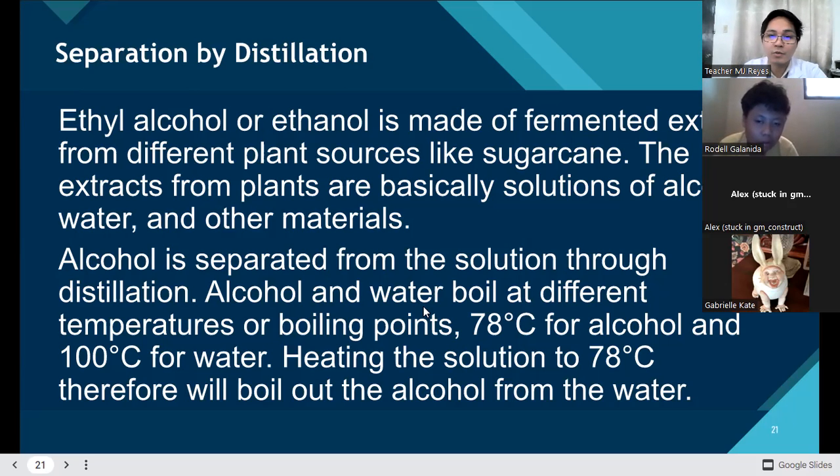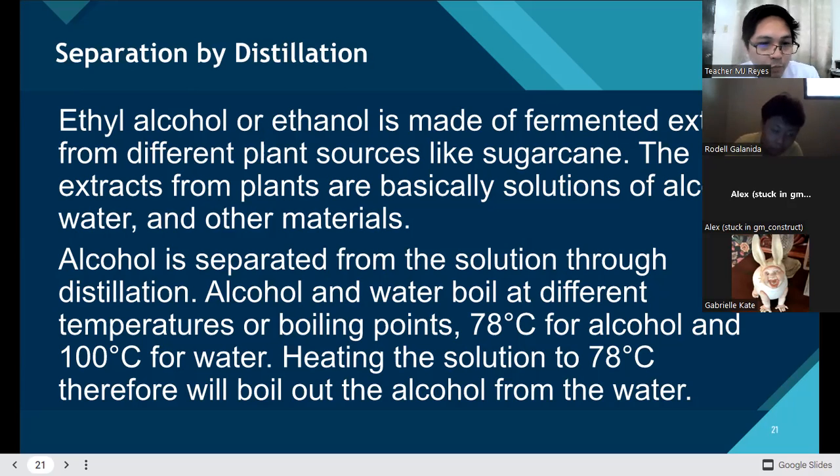Alcohol and water boil at different temperatures, or boiling points: 78 degrees Celsius for alcohol and 100 degrees Celsius for water. So heating the solution to 78 degrees will boil out the alcohol from the water, so we can separate them because of their different boiling points.